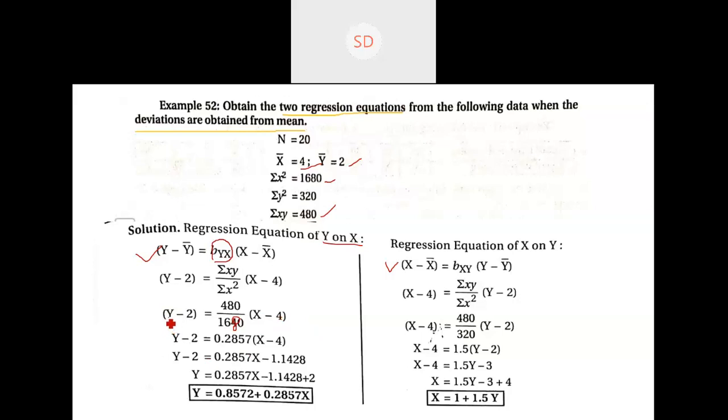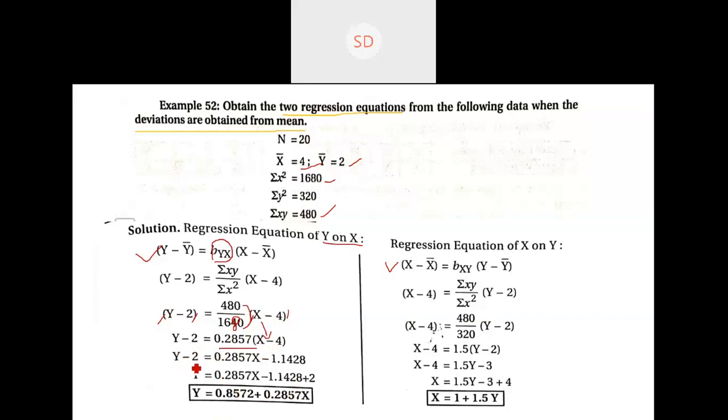Then next step, we are removing the brackets. So y minus 2 is equal to 480 divided by 1680 will give us 0.2857, and I just keep this bracket as it is before I multiply.